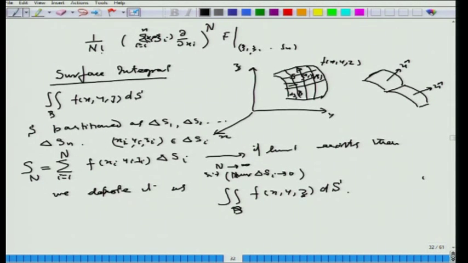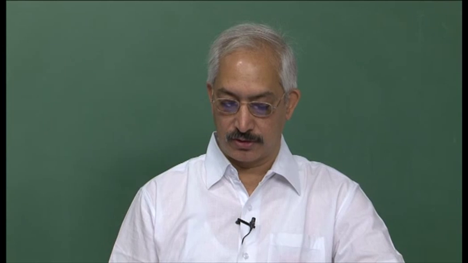This point is on the surface, and the values of this function are defined on all points on the surface and on its boundary. B is the surface and delta B is its boundary. This function is assumed to be continuous on the surface and on its boundary also.